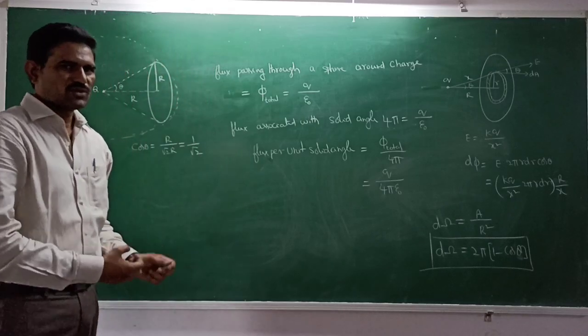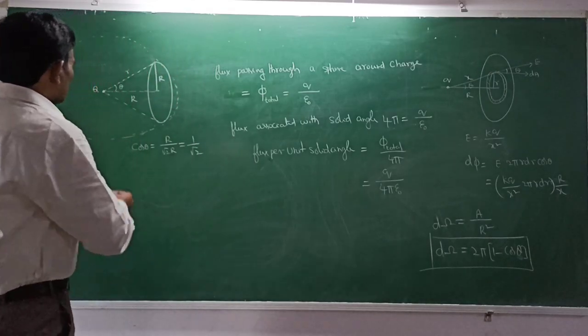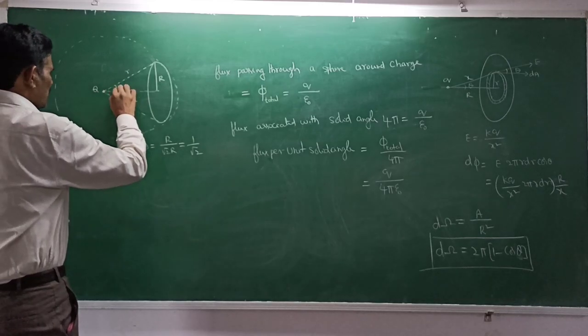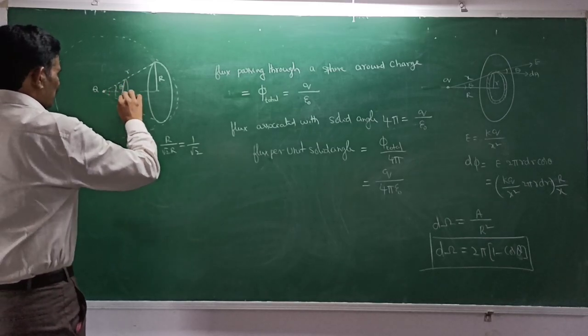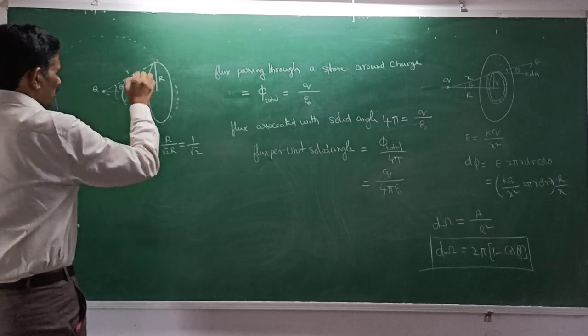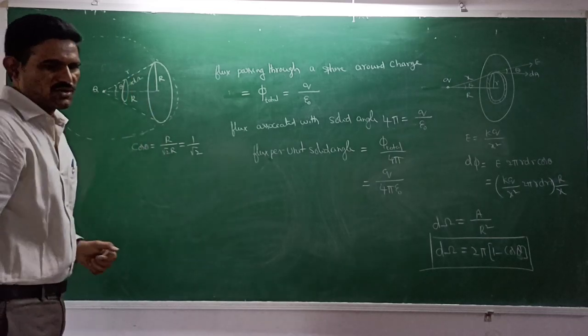Now we are going to calculate the flux associated with this solid angle here. This solid angle I am taking as some d omega. Now the flux passing through that solid angle we need to write here.